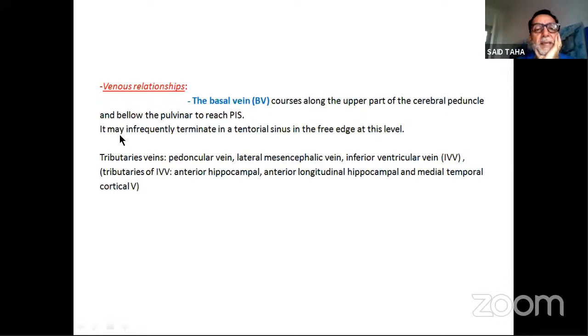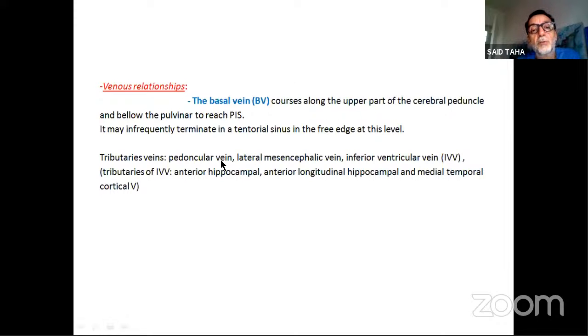It may infrequently terminate in a tentorial sinus in the free edge at this level, and this is an important point when we go by the inferior tentorial approach or supracerebellar infratentorial approach, and we need to open the dura.